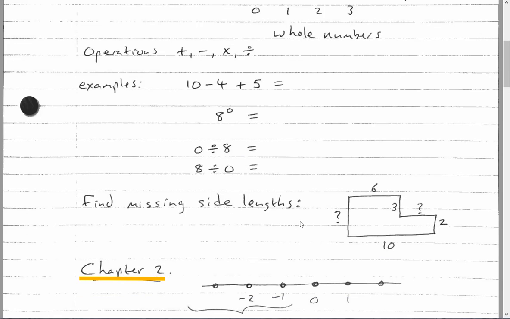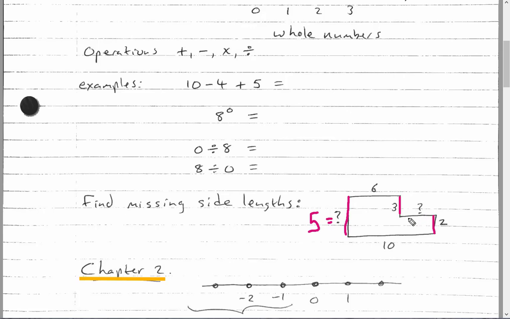And an application of adding and subtracting here. Can we figure out the two missing sides here? So the total height of the figure, what you can see, it has to be 3 plus 2. So we're adding.